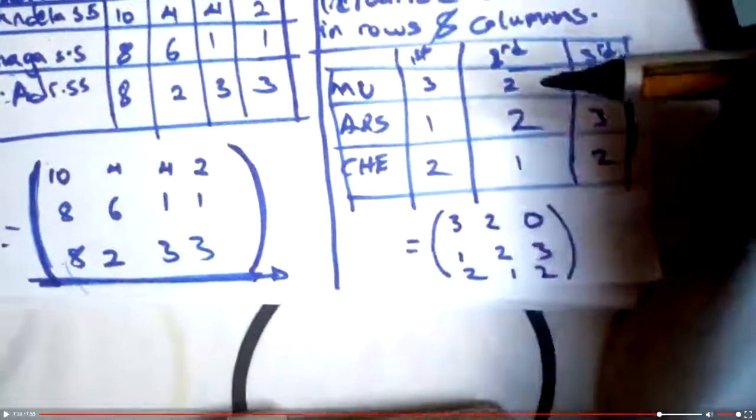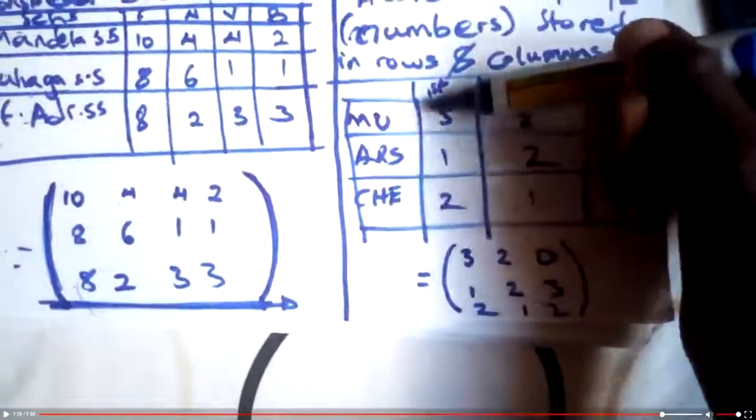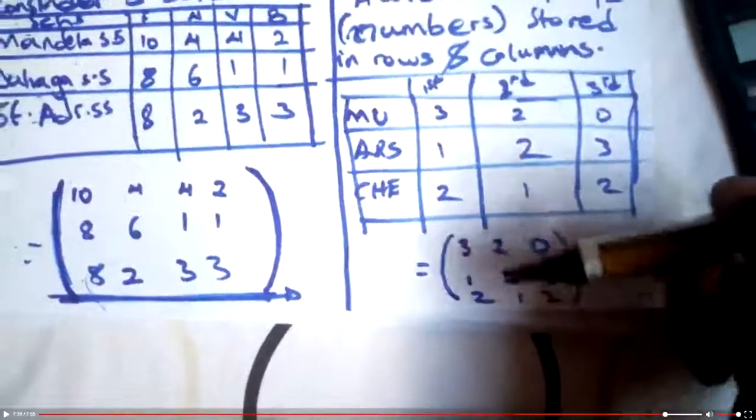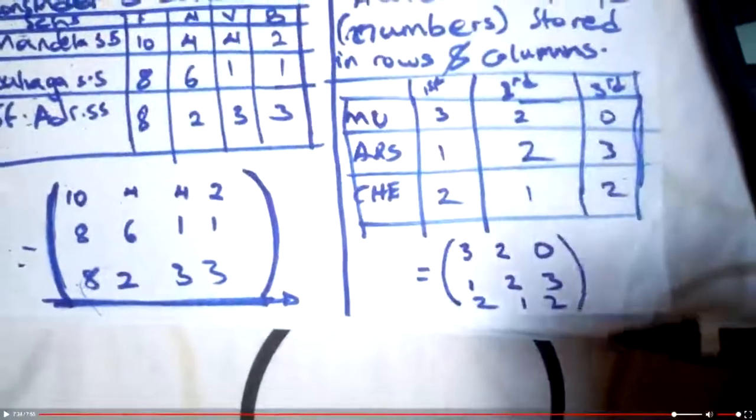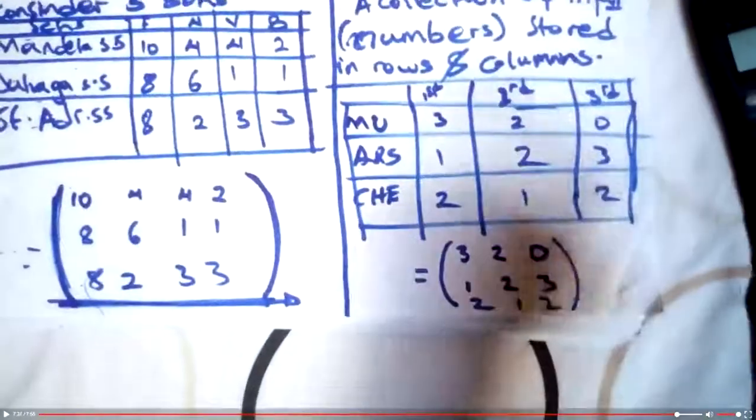Now, I'm representing this information down here, but in form of rows and columns. Hope that is clear for everyone.